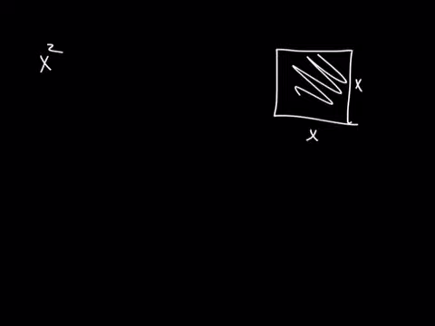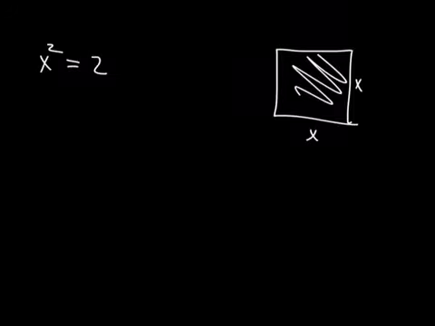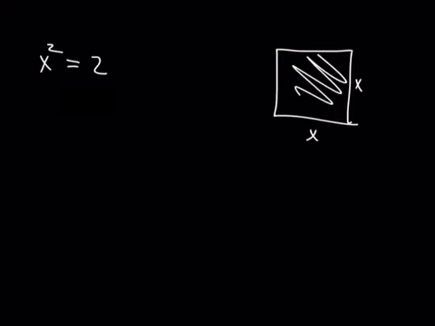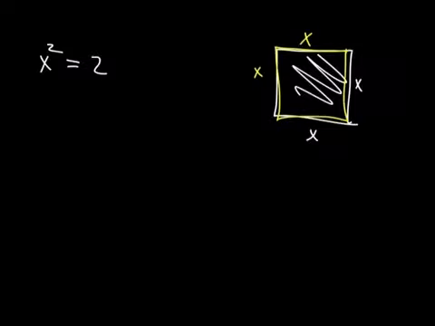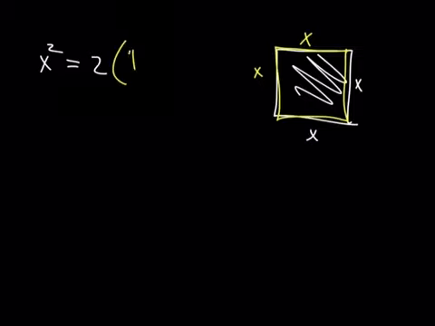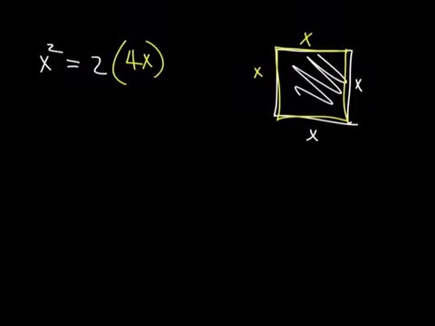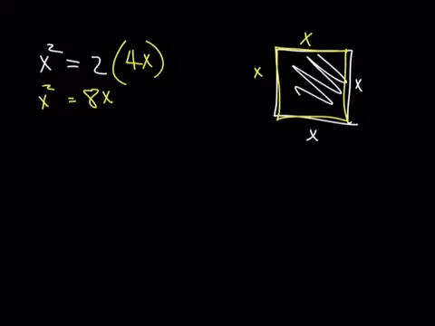And that area is equal to twice its perimeter. Well, what is the perimeter? The perimeter is the distance from here to here to here to here. So x plus x plus x plus x. So twice the perimeter. The perimeter is 4 times x, or 4 x's. Alright, so that gives me x squared equals 8x.